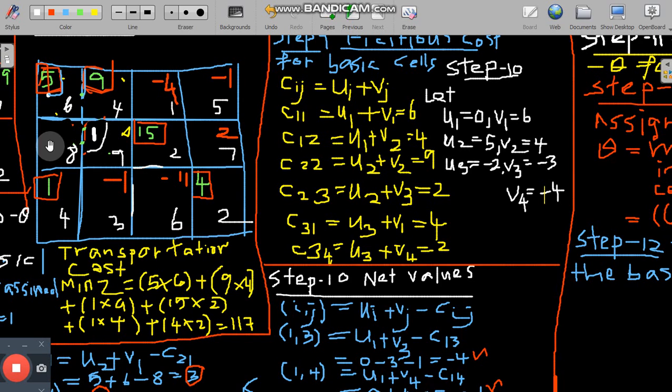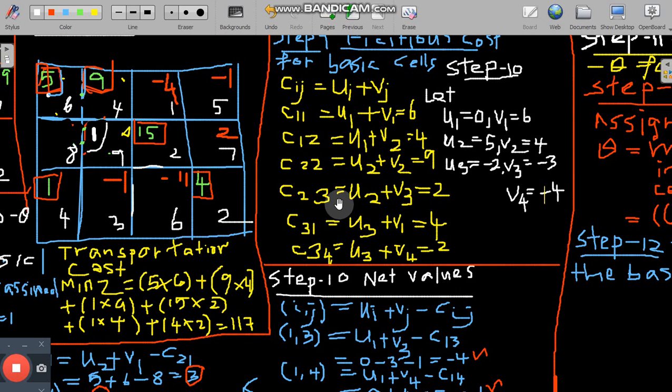Now, the next basic cell is C22. C22 equals U2 plus V2, and the transportation cost there is 9 rupees, so we write 9 here. The next basic cell is C23, so C23 equals U2 plus V3 equals 2.